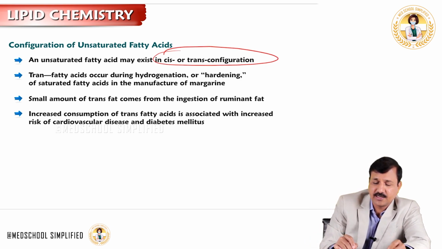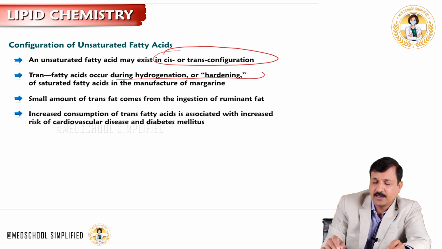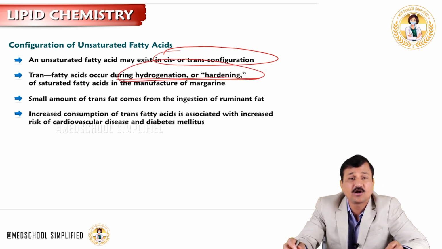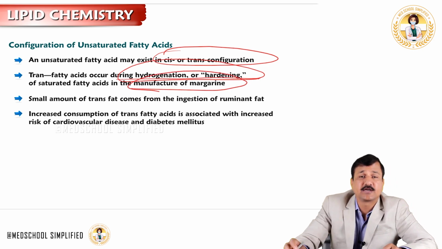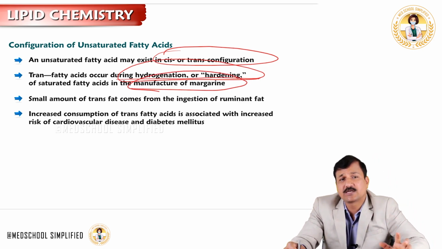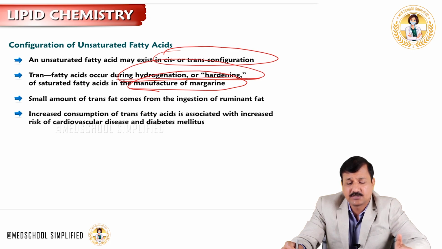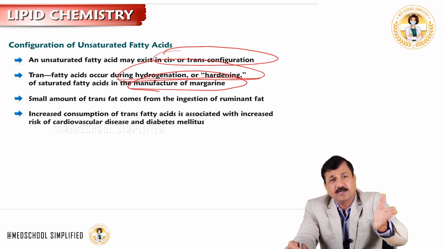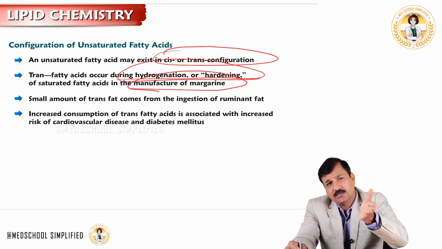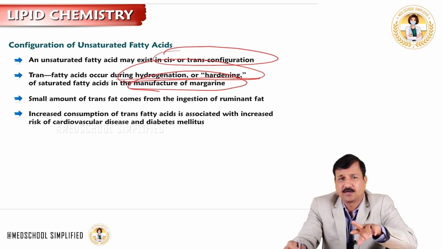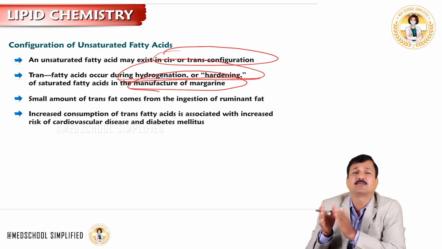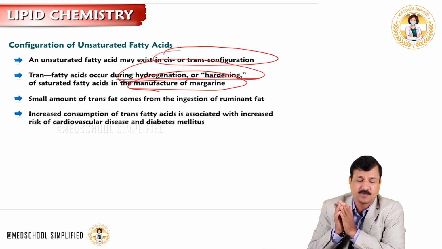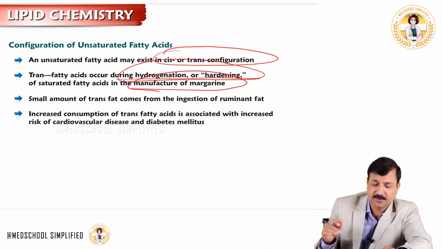Trans configuration fatty acids can also be produced by the hydrogenation process, or hardening, in the manufacturing of margarine. So a polyunsaturated fatty acid from a plant source, if hydrogenated, can have its cis configuration converted into trans configuration, thereby a liquid oil can be hardened into margarine. That's how trans fatty acids are made.